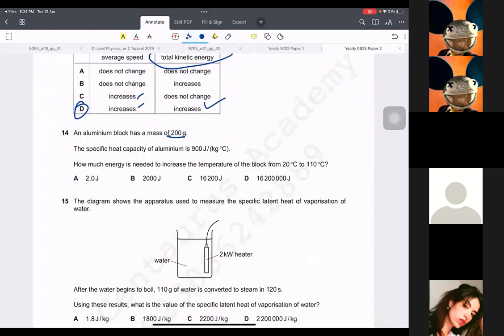Aluminum block has this mass. The specific heat capacity is this. Okay. How much energy raised the temperature from? So the change in temperature, delta theta, is 9. And Q equals mc delta theta. We need energy. Mass is 200 grams, so we got to change this. So it should be 0.2. Heat capacity is 900.